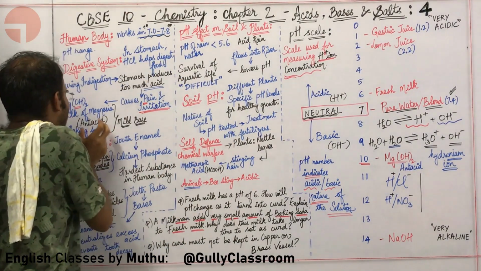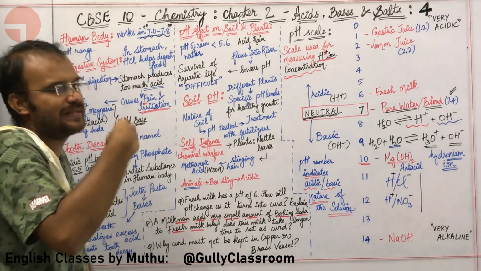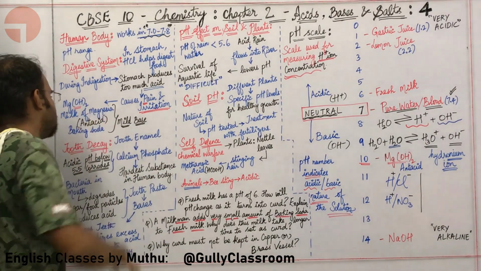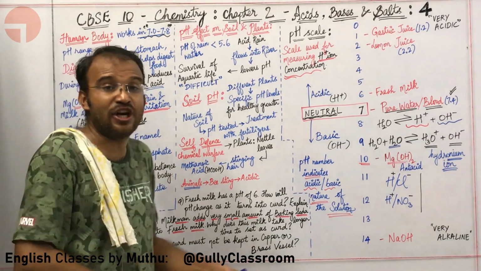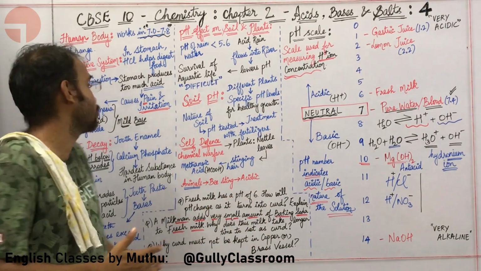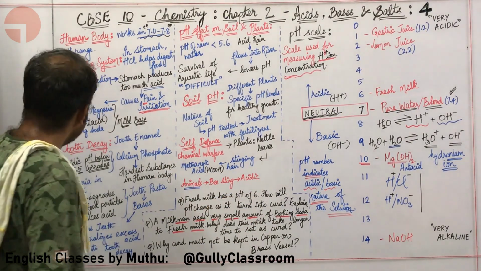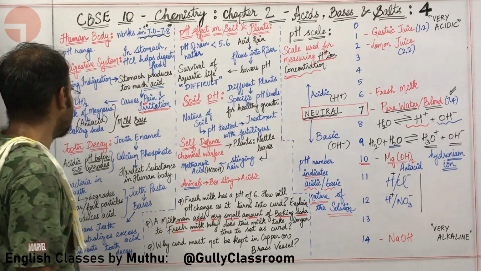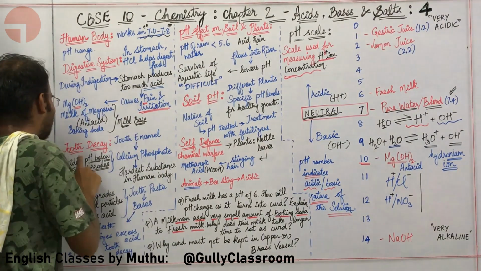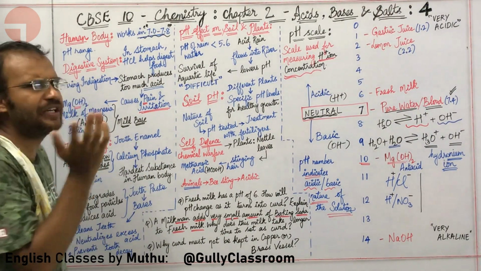So antacid means the medicine, for example milk of magnesia and baking soda, that is taken in order to counteract the excess hydrochloric acid in the stomach, which is causing pain and irritation. Let us go for the next topic, tooth decay.